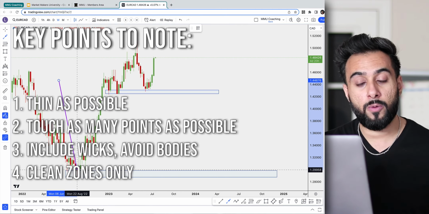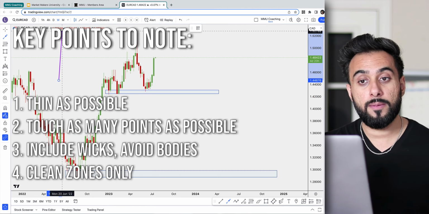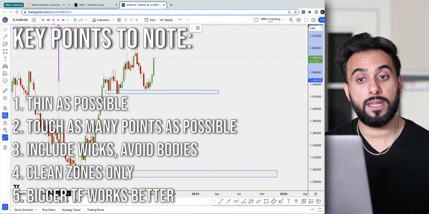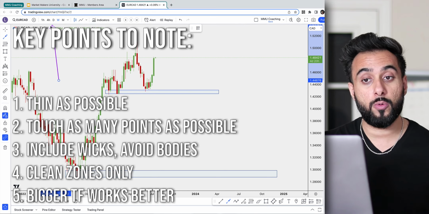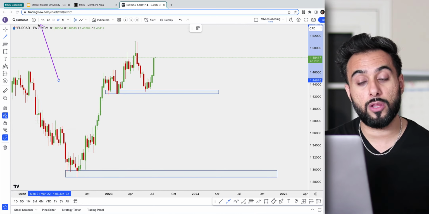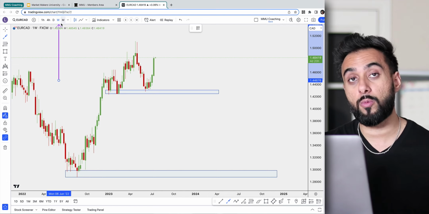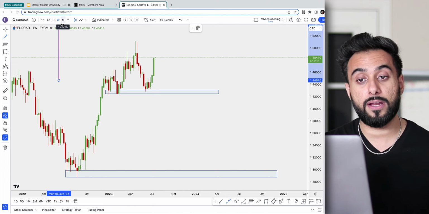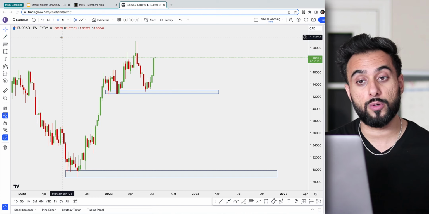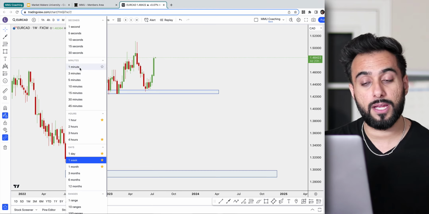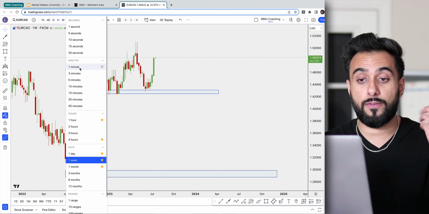And another main point I want to make is, usually the zones that you find on the bigger time frames, monthly, weekly, daily, are the ones that work more often compared to the ones as you go down into the lower time frames. The monthly and weekly work really well, because this is where the big players, the institutional money, is looking to accumulate and then distribute their money, as opposed to the 15-minute, the 5-minute or the 1-minute time frame. It's common sense.